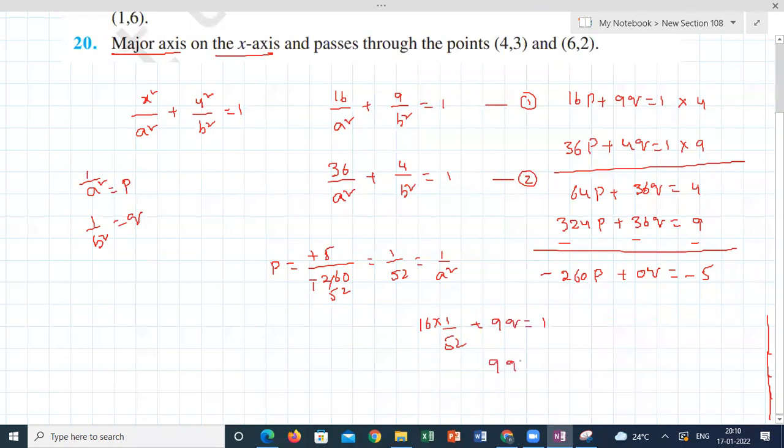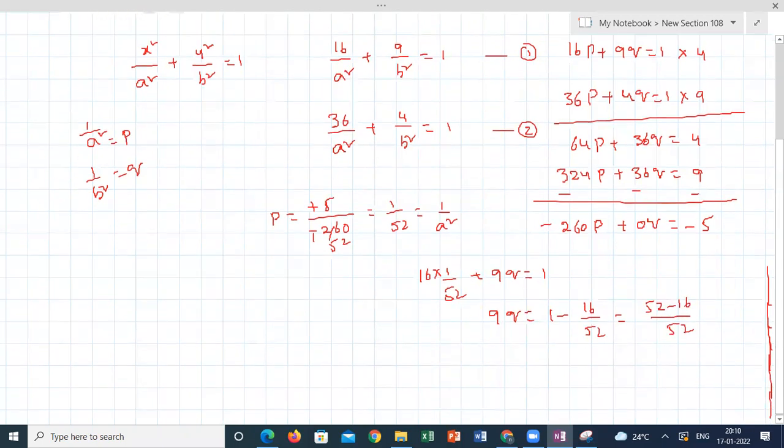So 9q is equal to 1 minus 16 by 52, which is 52 minus 16 by 52, that is 36 by 52. So q is equal to 1 by 13, which is nothing but 1 by b square.